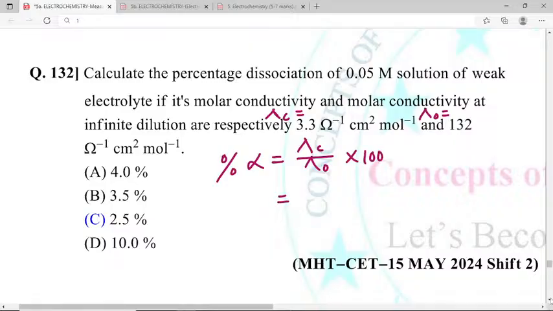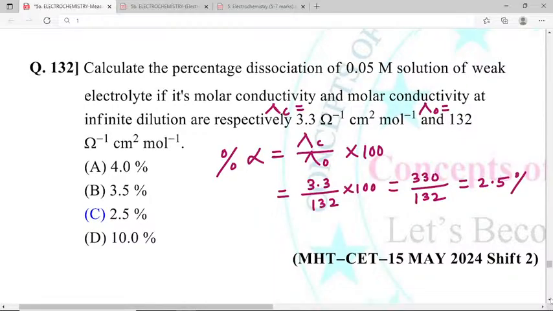So what is lambda C? 3.3 divided by 132 multiplied by 100 is equal to 330 divided by 132. So it is 2.5 percent. Very important problem. Please note down. Percentage alpha is lambda C by lambda naught multiplied by 100.